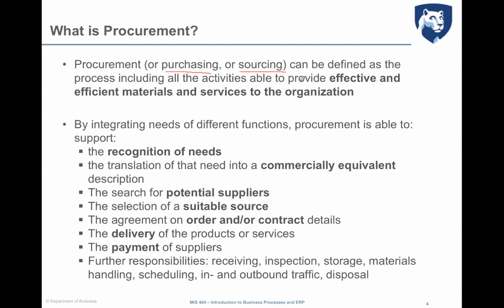They are all equal and mean the same thing. Procurement can be defined as the process which includes all the activities able to provide effective and efficient materials and services to the organization. These are the materials and services needed to make the operations of the organization function, and procurement is the process that brings them to the organization.